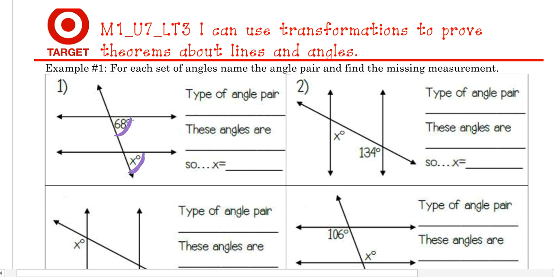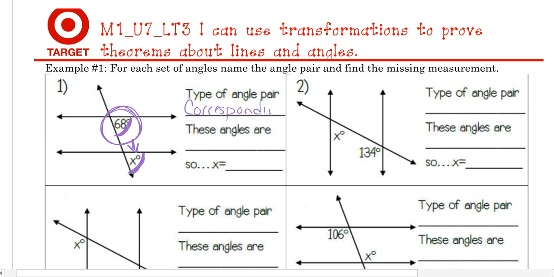If I were to transform 68 degrees to map onto x degrees, that's going to be a slide down, which would be a translation transformation, and the only angle relationship that is congruent by translation is corresponding.